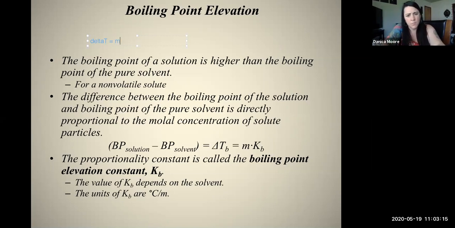Or the molality of the ions times kV. Does that make sense? They're saying the same things. So if we're looking at the molality of the ions, right, then this M times kV is fine. But if we're looking at the molality of the solution, then we need to multiply in I.